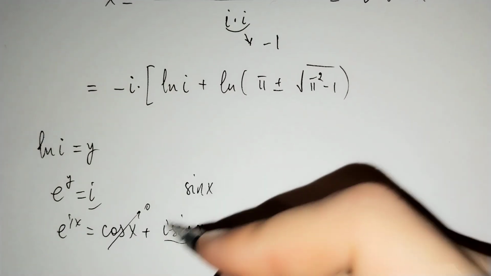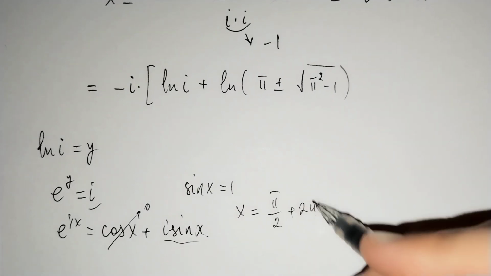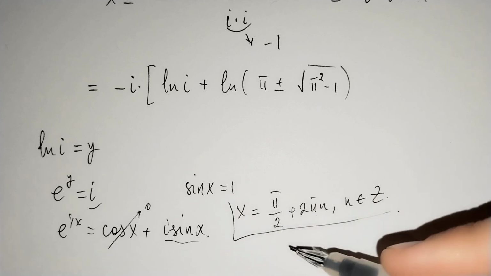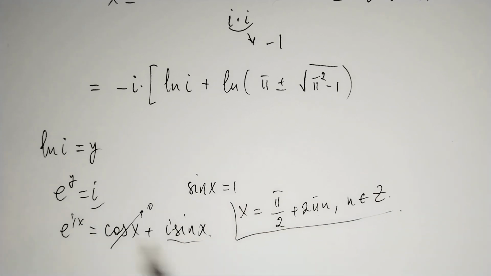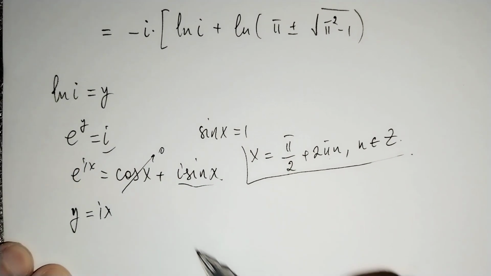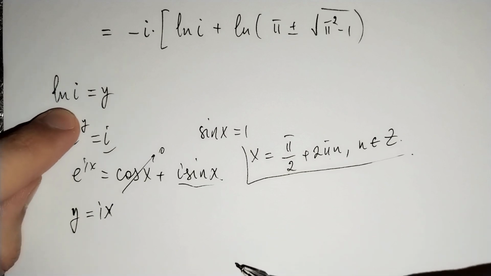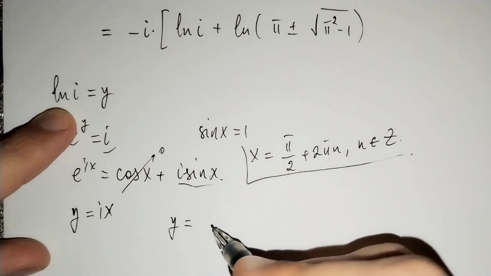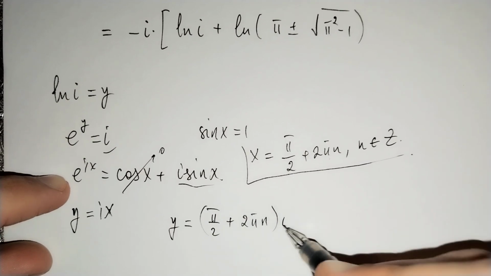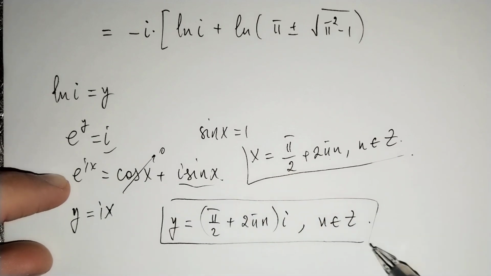Sin x from here equals 1 and x equals pi over 2 plus 2 pi n, and n belongs to integers. And if we compare these two equations, y equals ix, and if we find y, because we should find y, ln i, y equals pi over 2 plus 2 pi n times i, and n belongs to integers. This is our ln i.